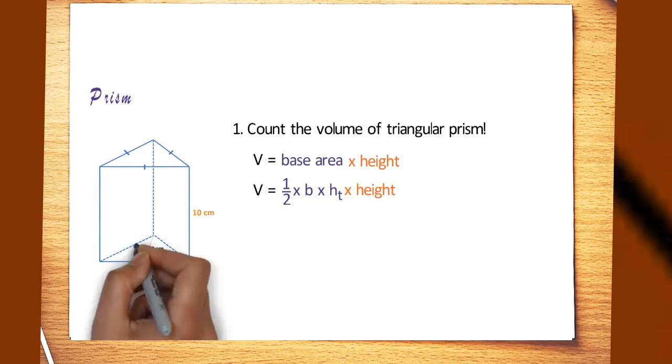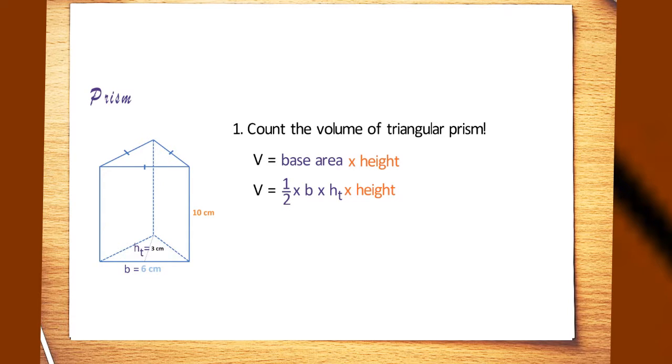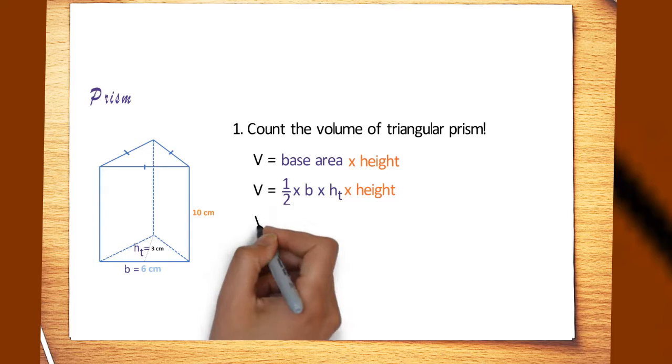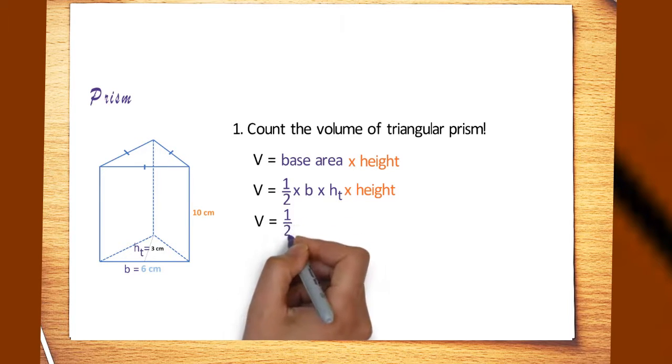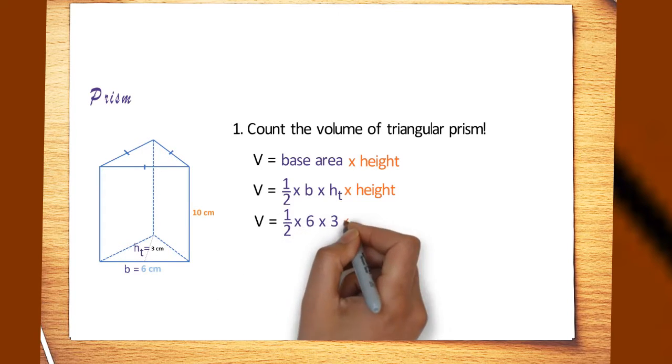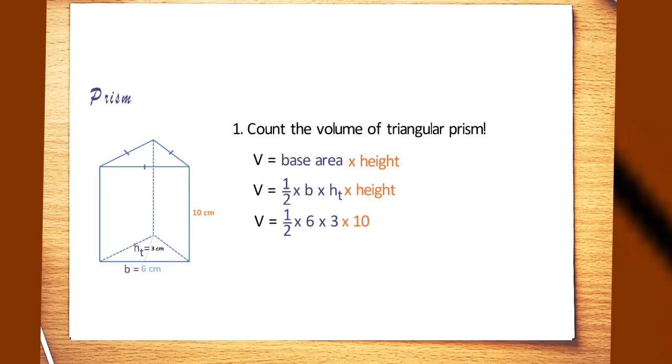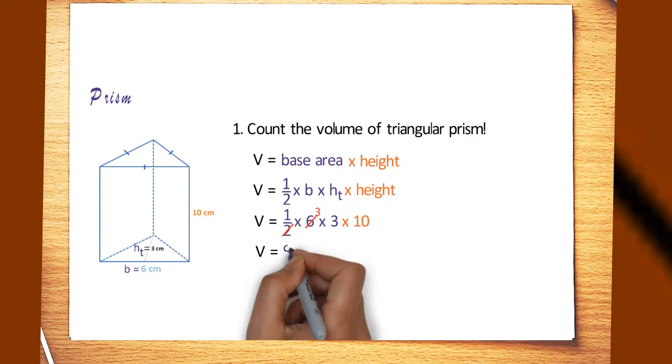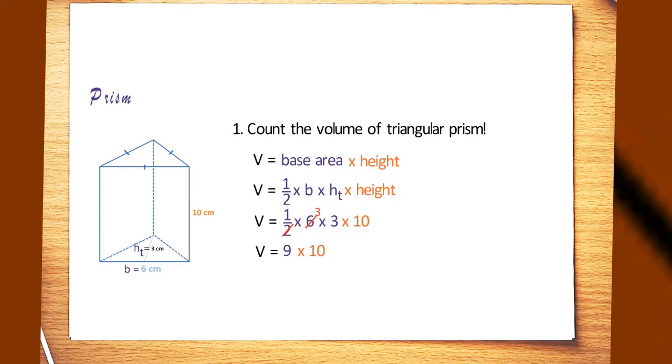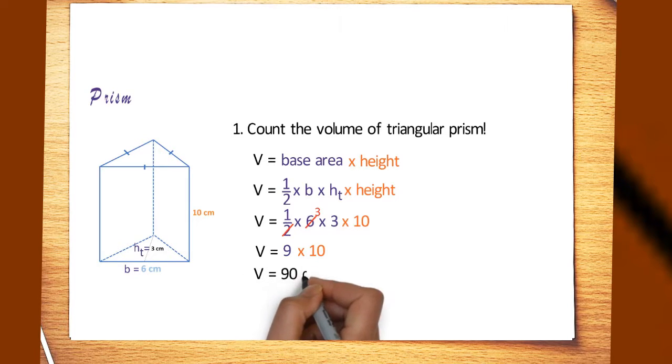This is the b for base, this is the ht, the height of the triangle of the base. So the volume is equal to a half times 6 times 3 times 10. Let's divide 6 by 2, which is equal to 3. So the final result is 9 times 10. Then it's equal to 90 centimeters cubed.